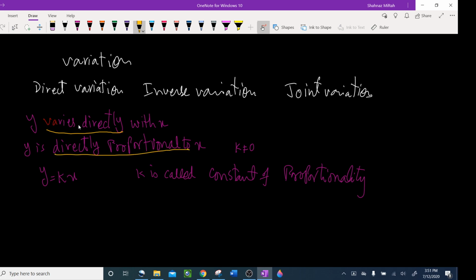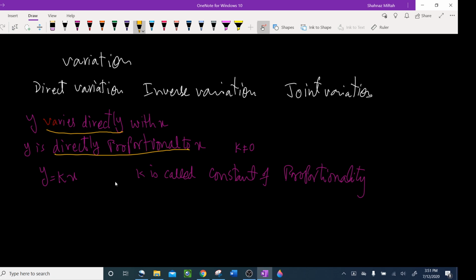Like I said, y varies directly with x, or y is directly proportional to x, and k is called the constant of proportionality.